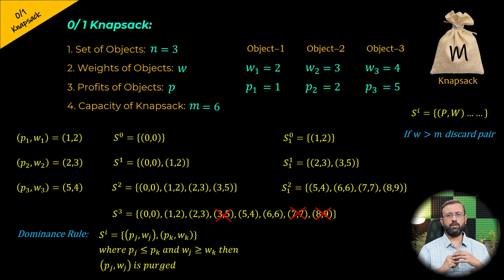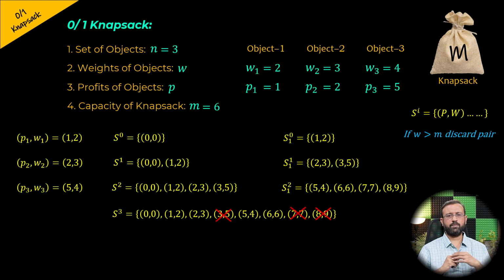So since the pair Pk, Wk dominates the pair Pj, Wj, the pair Pj, Wj is purged and the pair Pk, Wk is the part of the set Si. So here among the pairs 3 comma 5 and 5 comma 4, the profit is increasing and the weight is decreasing. Therefore the pair 5 comma 4 dominates the pair 3 comma 5 and pair 3 comma 5 is discarded.